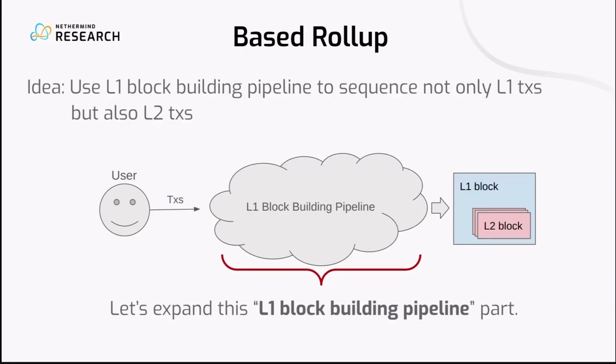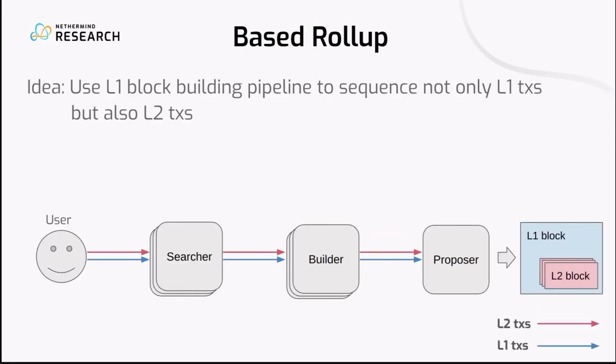Let's expand this L1 block building pipeline part. Using the MEV supply chain diagram that Flashbots introduced, it looks like this. The user sends the transaction over, and then searchers, for example if it's a DEX trade, will insert an arbitrage transaction right after it and construct what's called bundles.